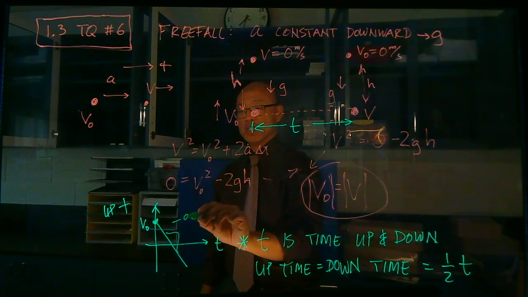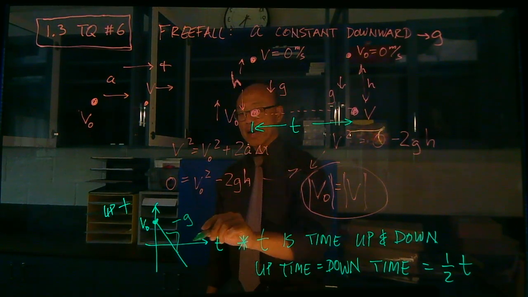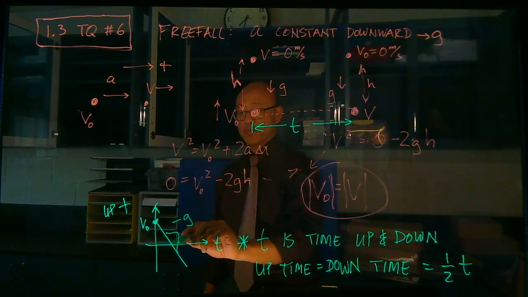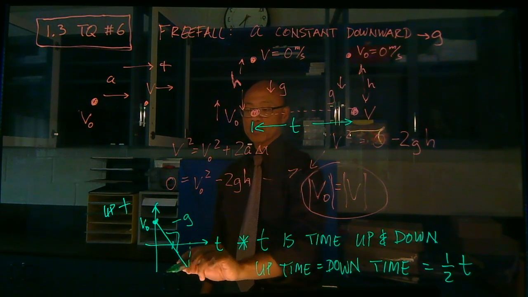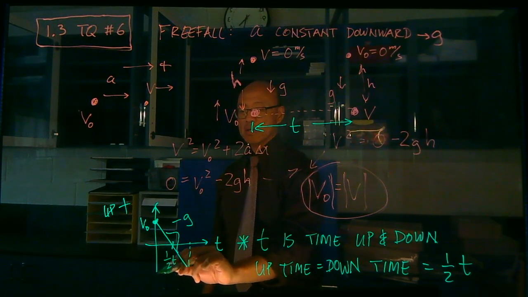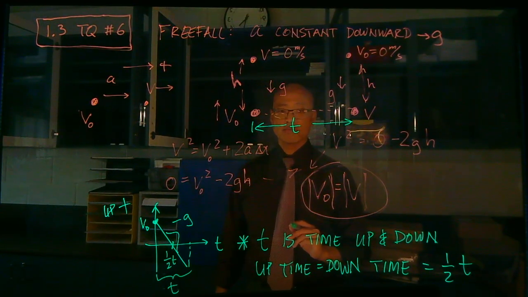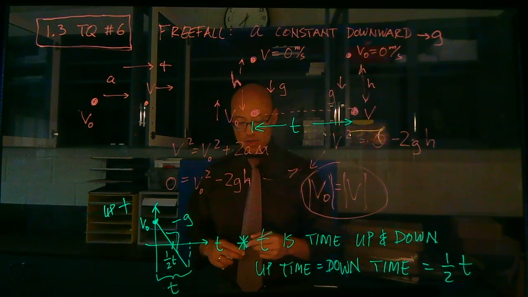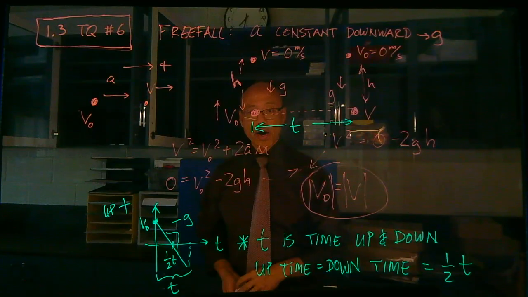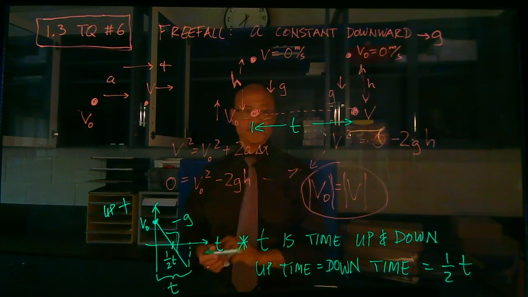That slope is minus g. And the amount of time it takes to reach this point right here should be half of the total time interval. So there's your half t, and this is your total time in the air.